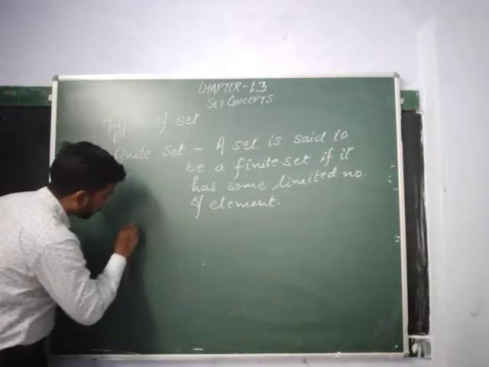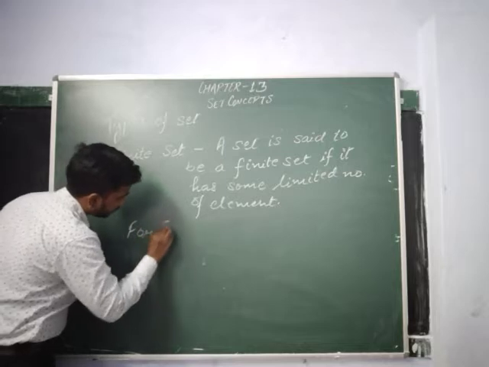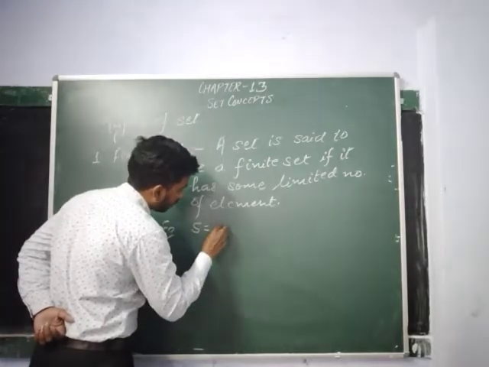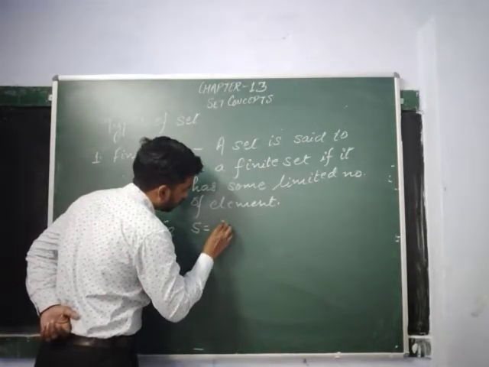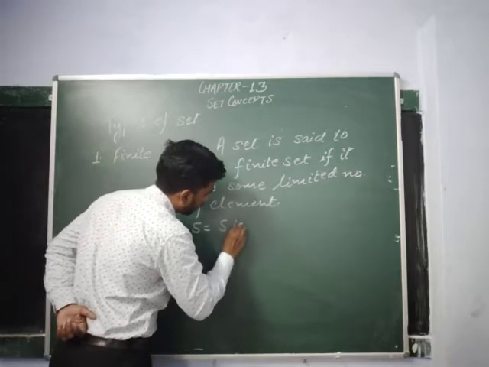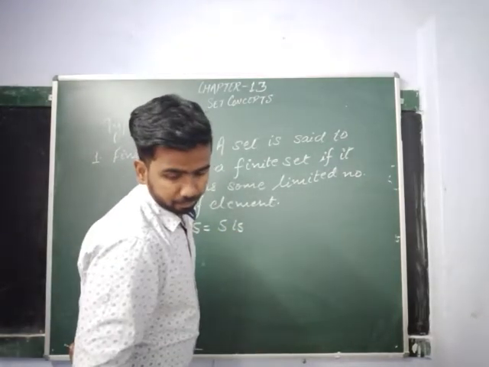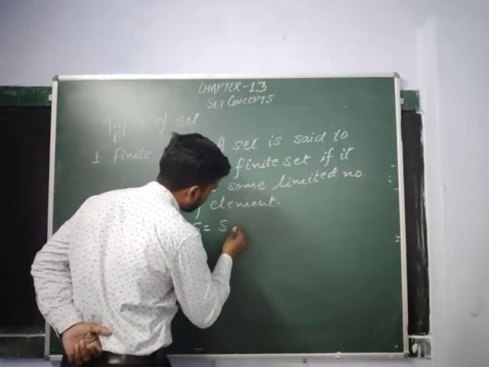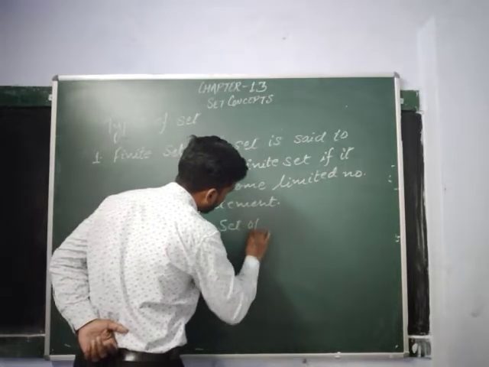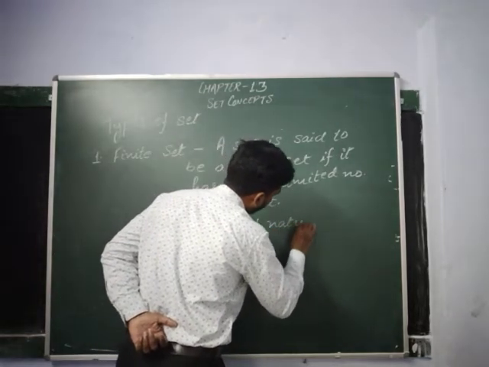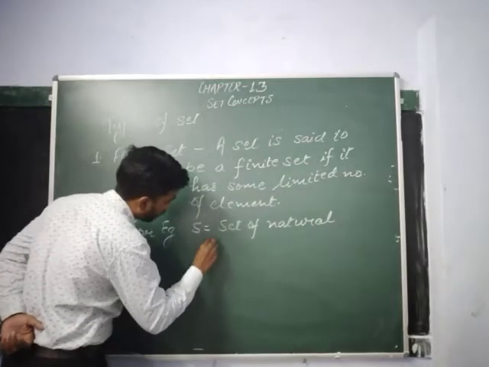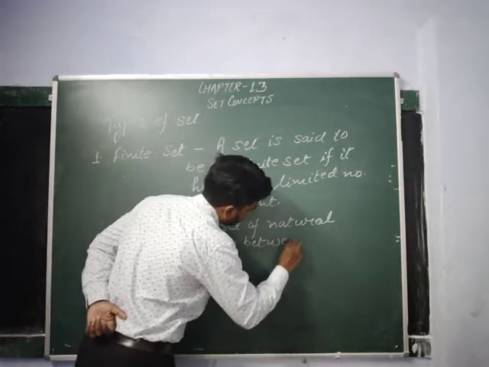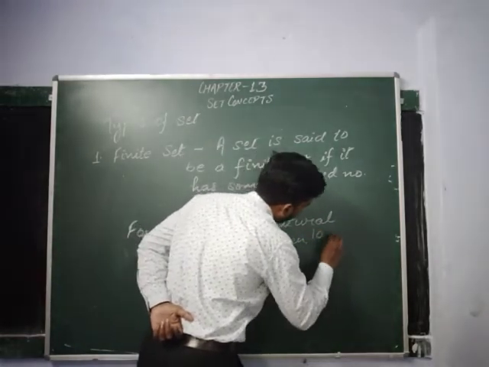For example, S is a set and set of natural numbers between 10 and 15.